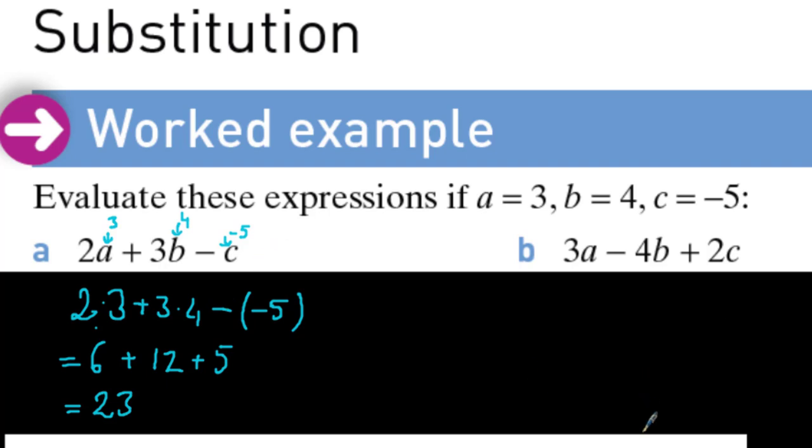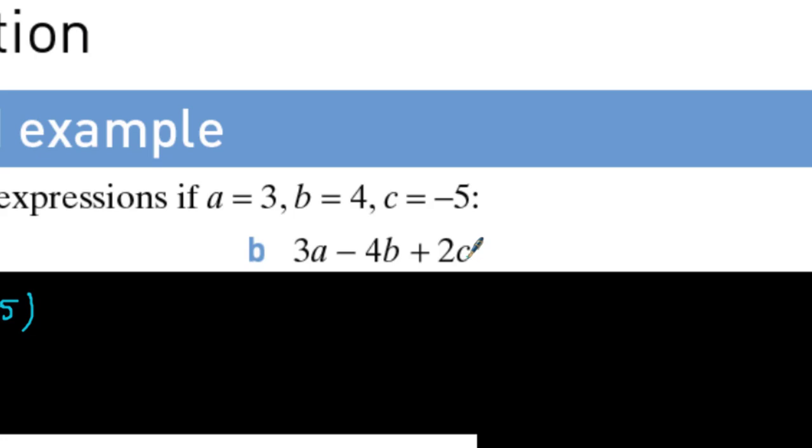Let's continue with the other exercise here. 3a minus 4b plus 2c. As I mentioned, 3 times a means 3 times 3, and minus 4 times b means 4 times 4, and plus 2 times c means plus 2 times -5.